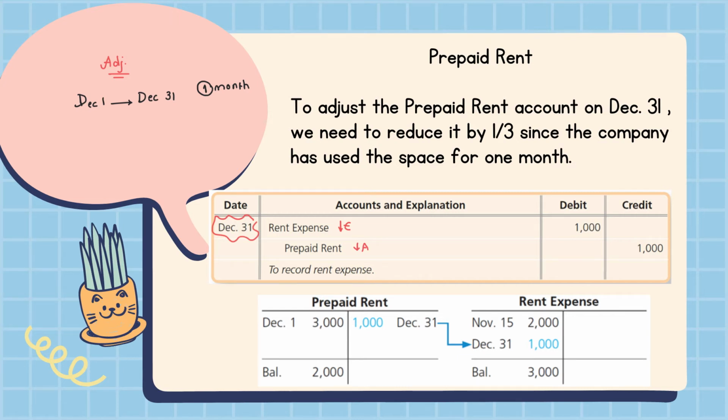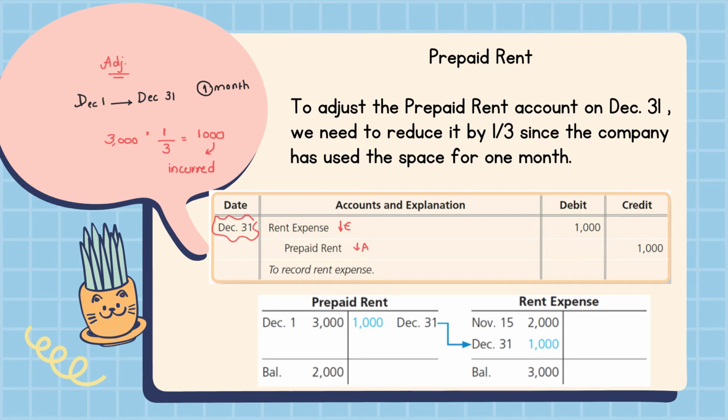And the amount is 3,000 for a 3-month period. I use only 1 month. So I need to divide by 3, then I need to multiply by 1. So it's going to be only 1,000. I need to find the incurred amount, the amount used.